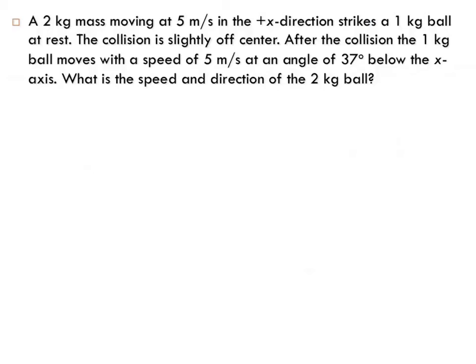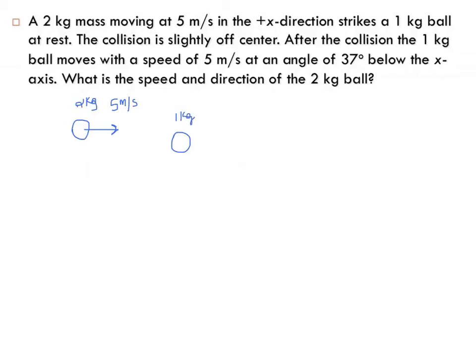So let's look at this example. We have a 2 kilogram mass moving at 5 meters per second in the positive x direction, and it strikes a 1 kilogram ball at rest. Now, this collision is slightly off center.